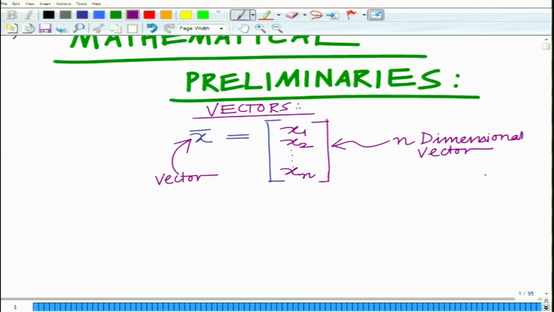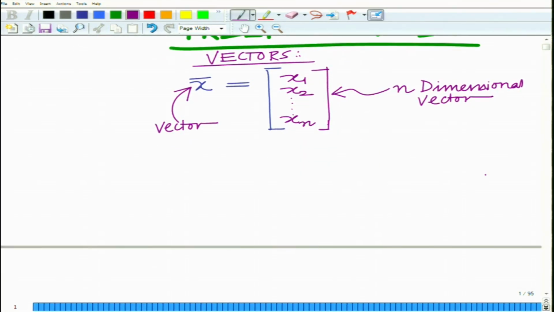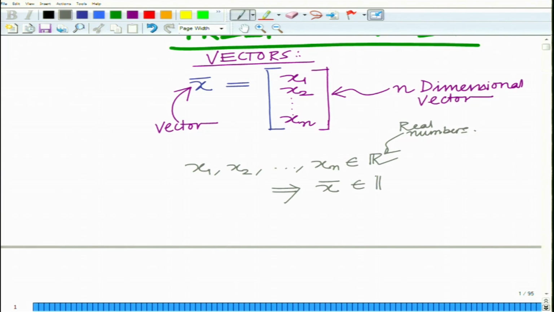This is an n-dimensional vector, and now if these elements x1, x2, xn belong to the real field, that is, these are real numbers, then we say that this is an n-dimensional real vector, that is, x bar belongs to the set of n-dimensional real vectors.